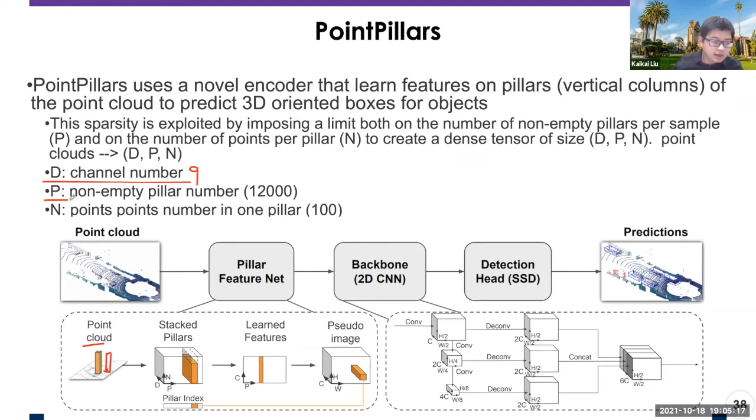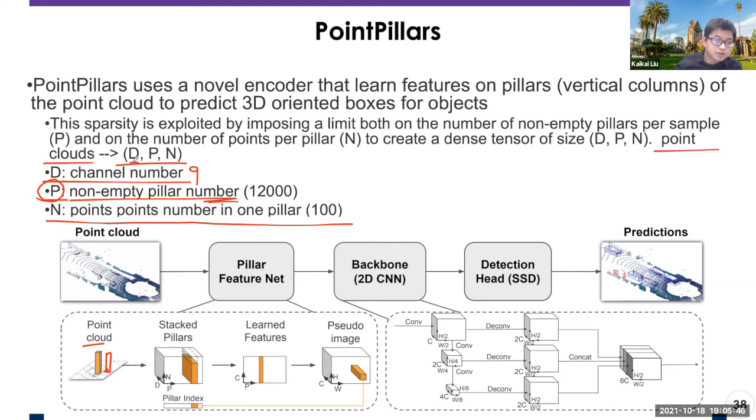P is the non-empty pillar number, the total number of pillars. Then every pillar has multiple points, so N is the number of points in one pillar. So after you do this encoding process, you convert the point cloud to a 3D tensor of D, P, and N.